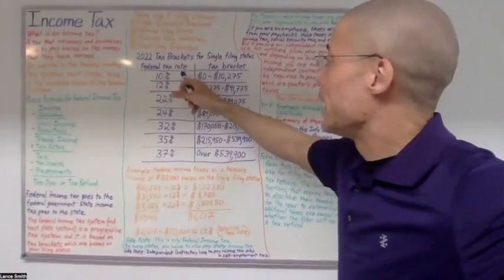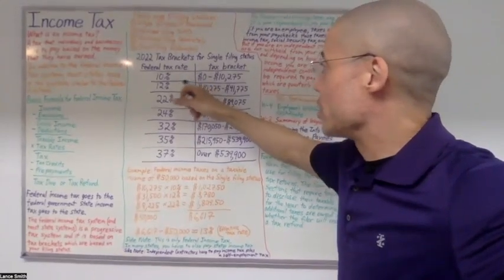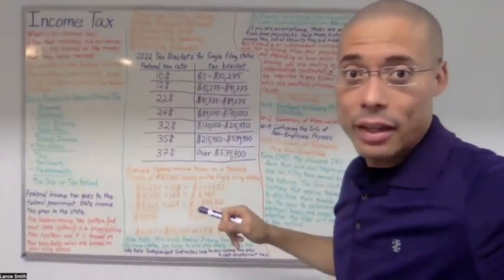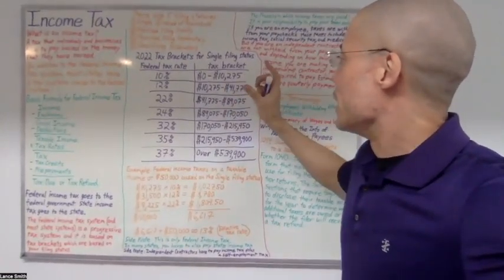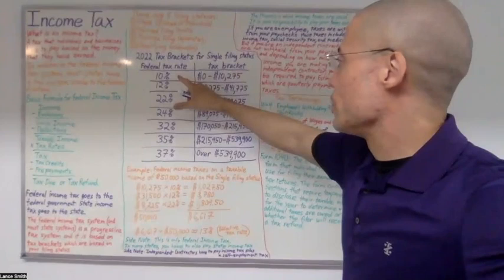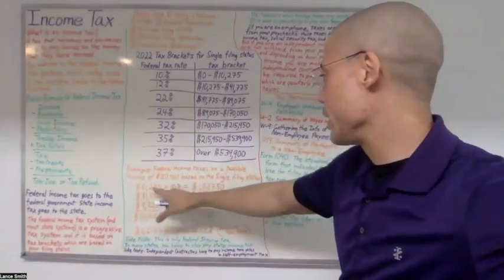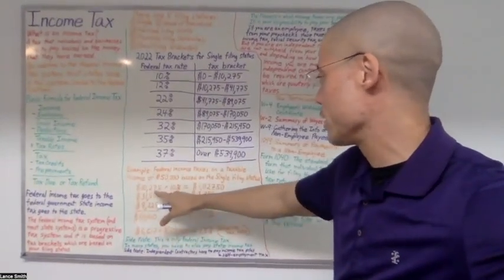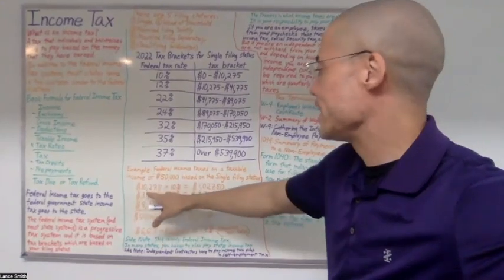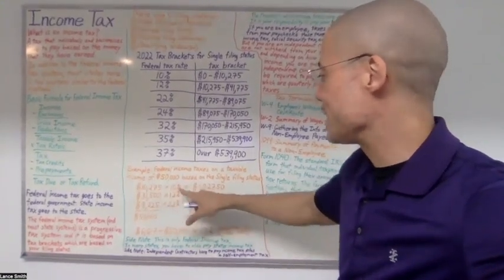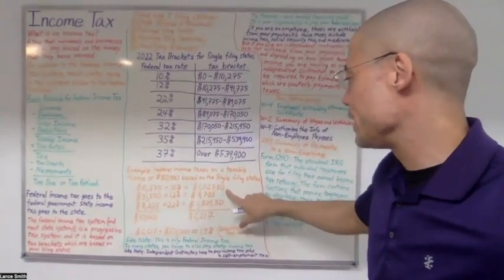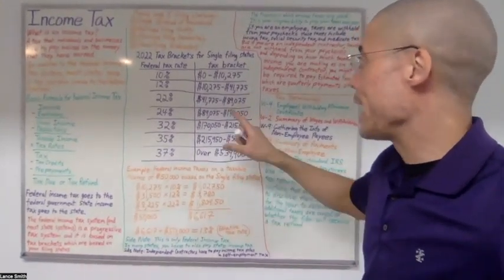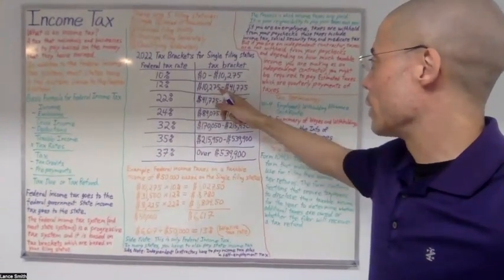And so the rate that applies to it is only 10%. So the first 10,275 gets applied to 10%. Here in our calculation, our first line is 10,275 times 10% equals $1,027.50.